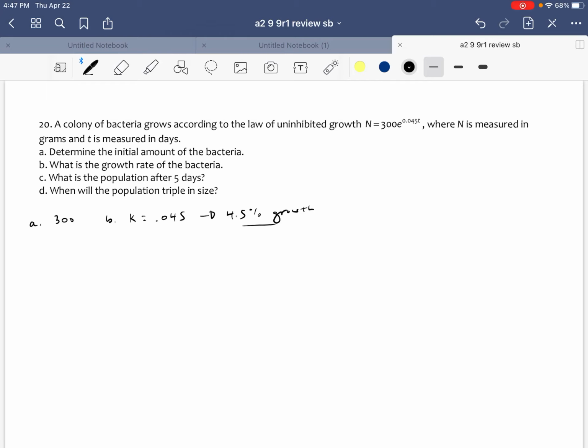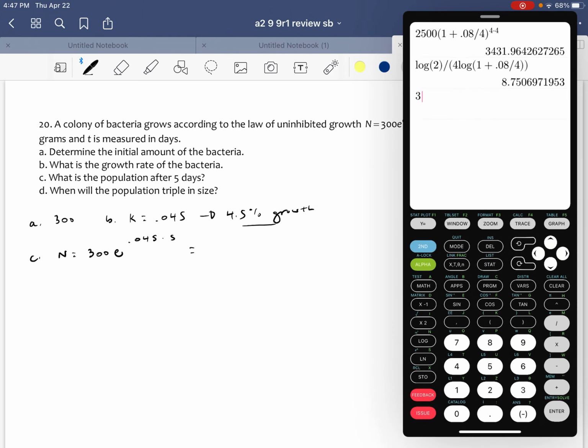What is the population after 5 days? We're going to replace t with a 5. So 300e to the 0.045 times 5. And that's just a problem where you'll tap it all out on the calculator. 375.6968.